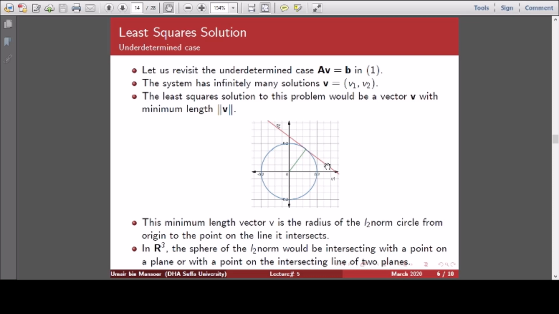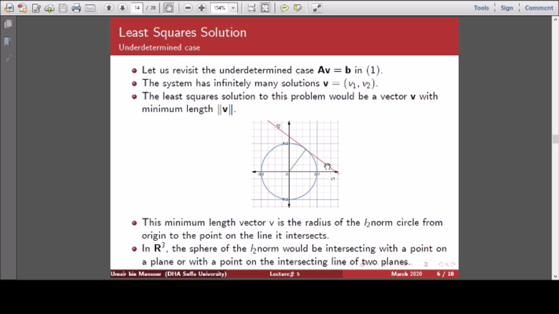So that point could be in case of a single equation. Since we are talking about R3, we have a vector space of 3 dimensions. That means we can maximum have 3 unknowns.